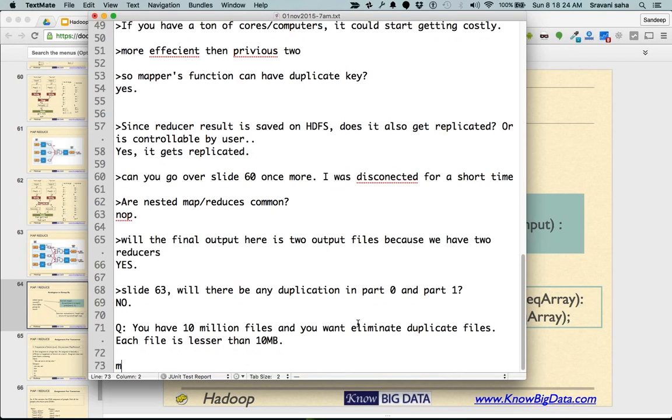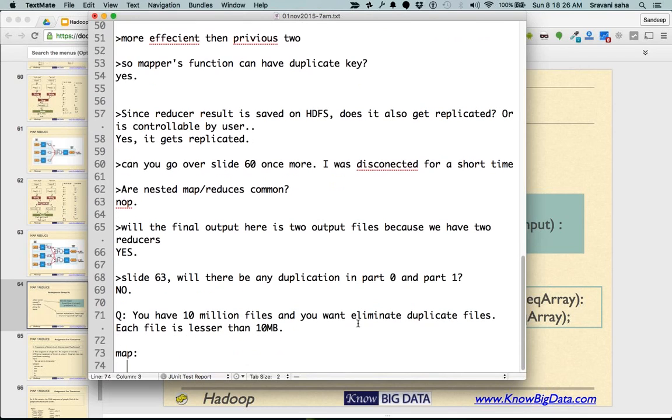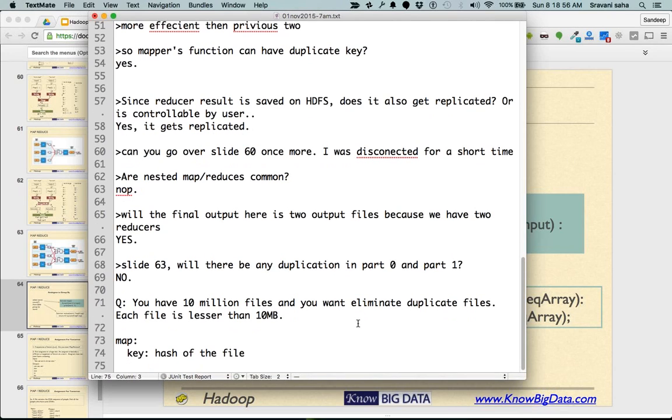So what is the mapper going to do? The mapper is going to prepare the key as a hash, or let's say just keep the key as the hash of the file.